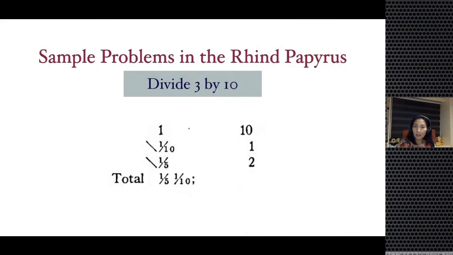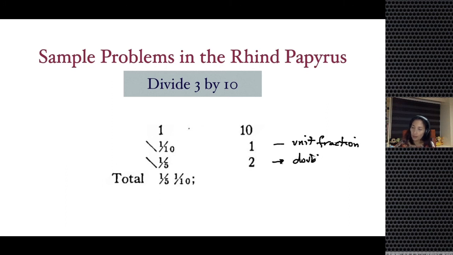Next, another problem that comes in the RMP is this. Divide 3 by 10. Just the same, get 1 and 10 and then start with the unit fraction. 1/10 of 10 is equal to 1. And then we double.